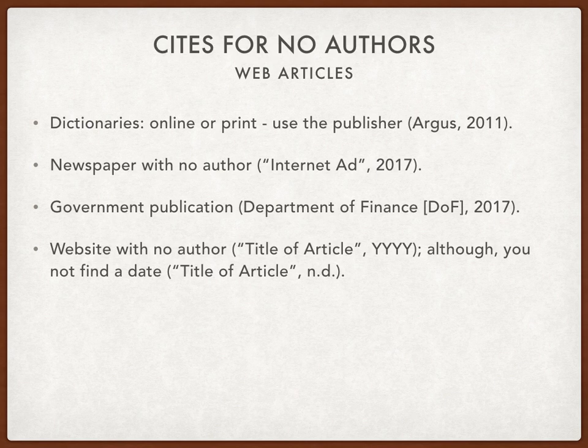If you can't find a year that it is published, then it is a little n period, little d period for no date. And this will be the same in the references.